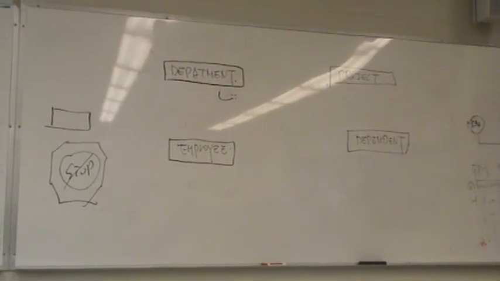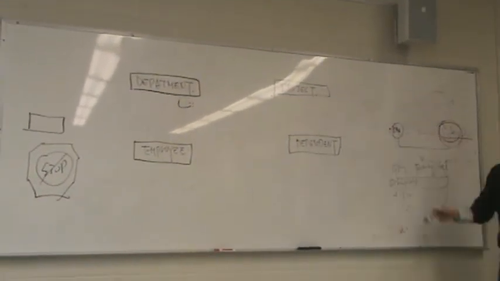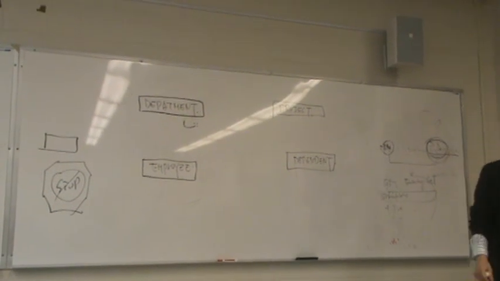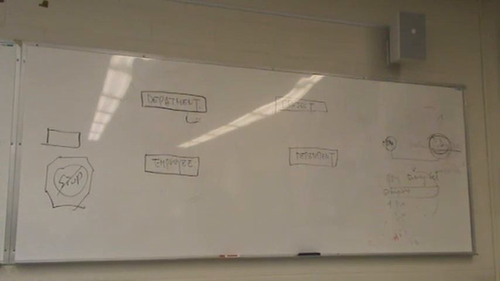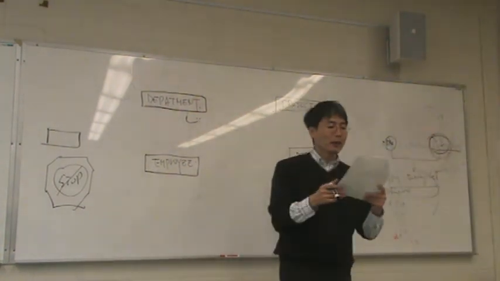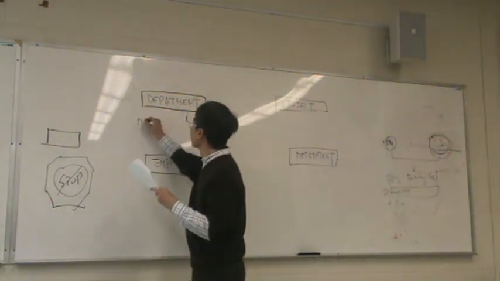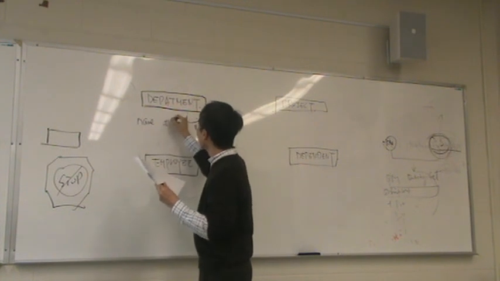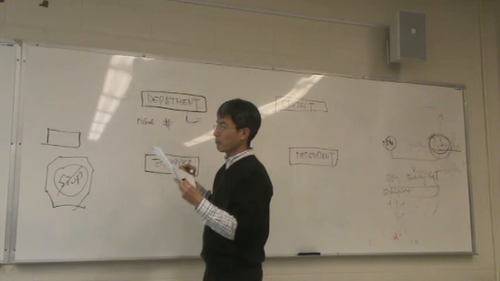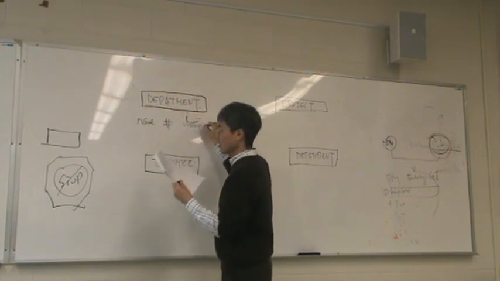Next step: for each entity type, we are going to identify the attributes. An attribute describes each entity. For example, department. Each department has a name and number, department number, and employee, manager. That means manager.